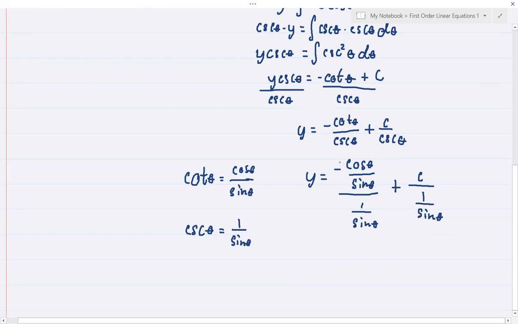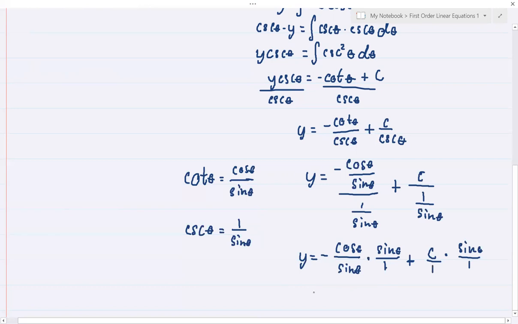So we can simplify. For your first term, we will reciprocate. So we will have y is equal to negative cosine theta all over sine theta times sine theta all over 1 plus, for the second term, c times sine theta all over 1, and since c is just a whole term, we have 1 as its denominator.